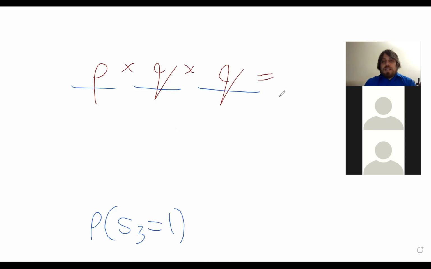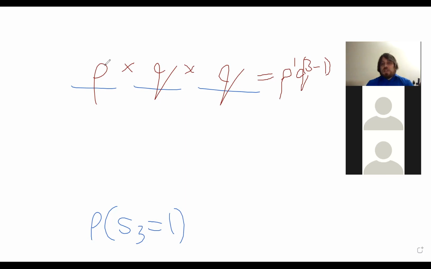That would be P to the first power times Q to the 3 minus 1 power, which is 2. Q squared comes from 3 minus 1 because it's a total of 3 trials. If you succeed 1 time, you fail the total, 3, minus the number of times you succeed, 1. So the number of failures is the total number of trials minus the number of times you succeeded. That's 3 minus 1.